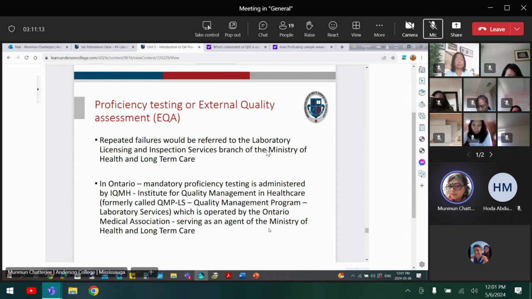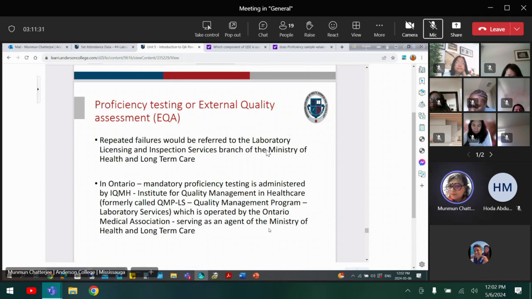In Ontario, mandatory proficiency testing is administered by IQMH, the Institute for Quality Management in Healthcare, formally called QMPLS, Quality Management Program Laboratory Services.